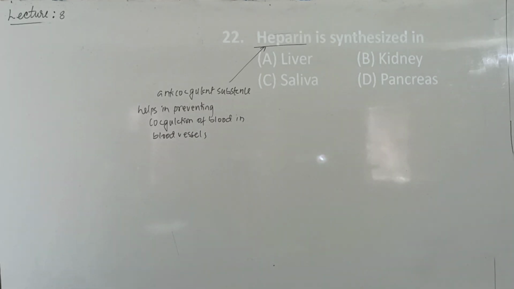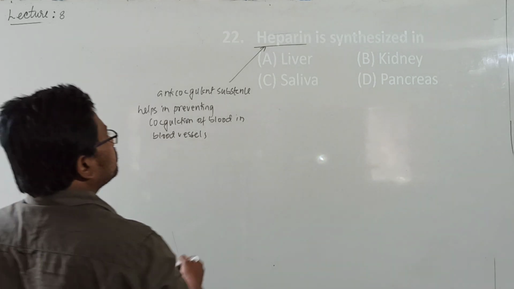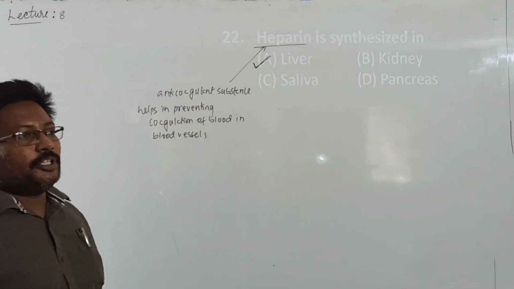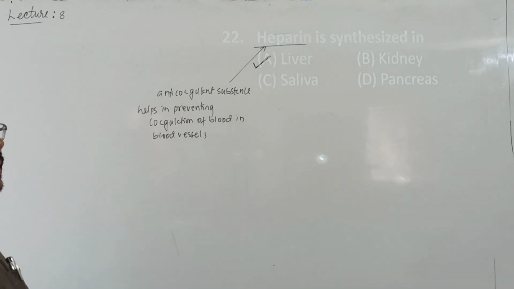This heparin is produced in the liver. When I gave you the list of liver functions, we saw this point. So heparin is synthesized in the liver. So option A is the right option.